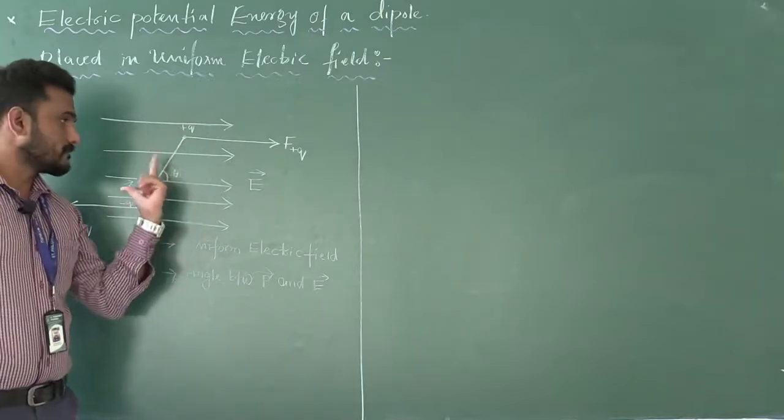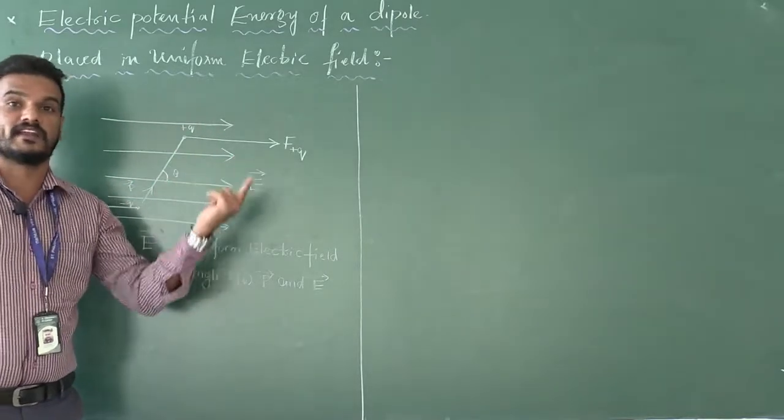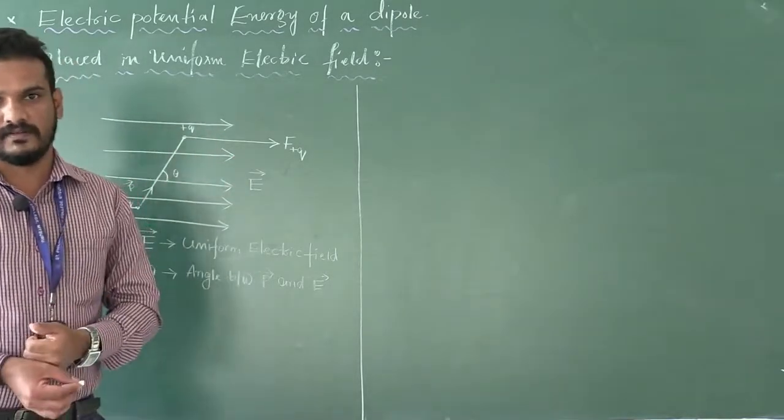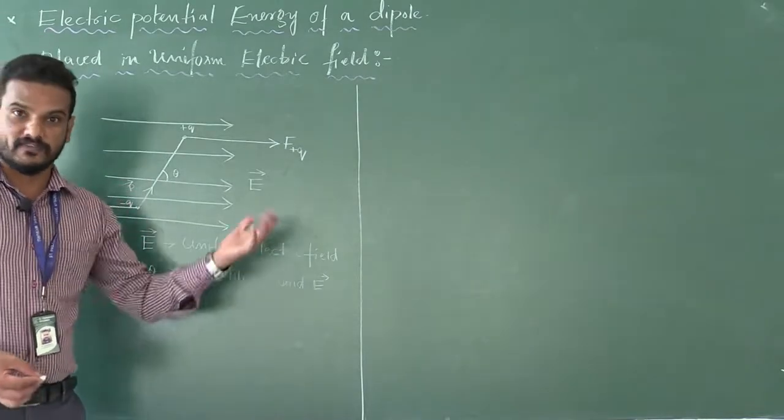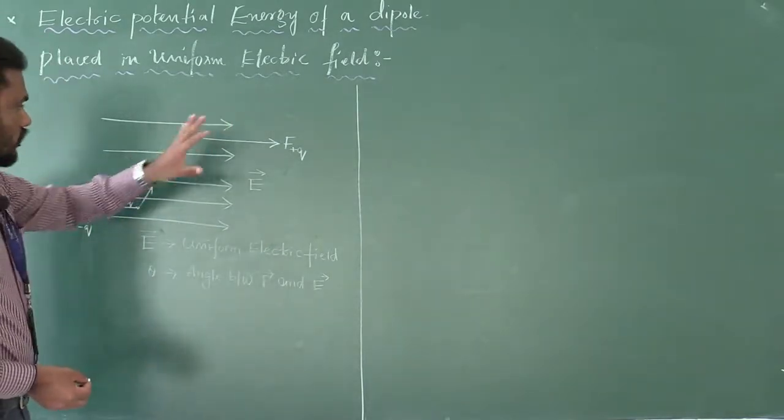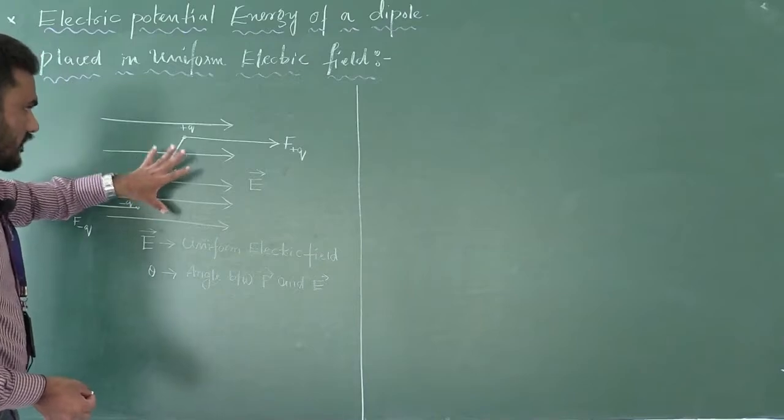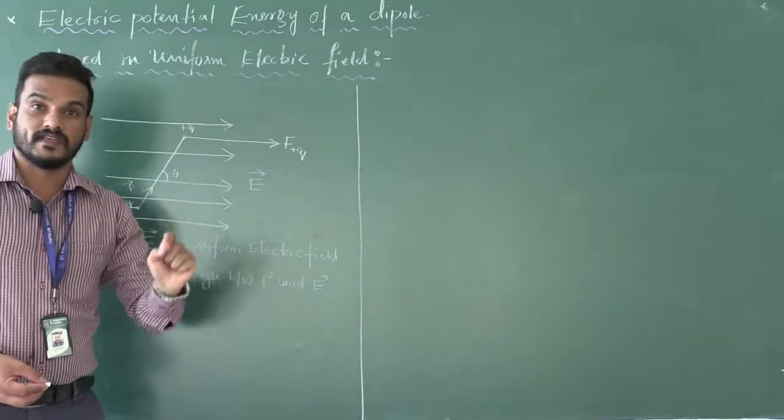So when the dipole is placed in uniform electric field, what will happen? Already we learnt in the first chapter itself, when the dipole is placed in uniform electric field, dipole experiences torque.